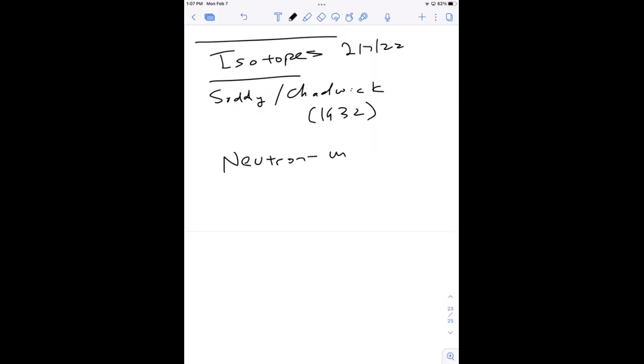It's an uncharged particle in the nucleus of an atom. All right. The neutron itself helps to also account for the atomic mass because it has roughly the same mass as a proton.